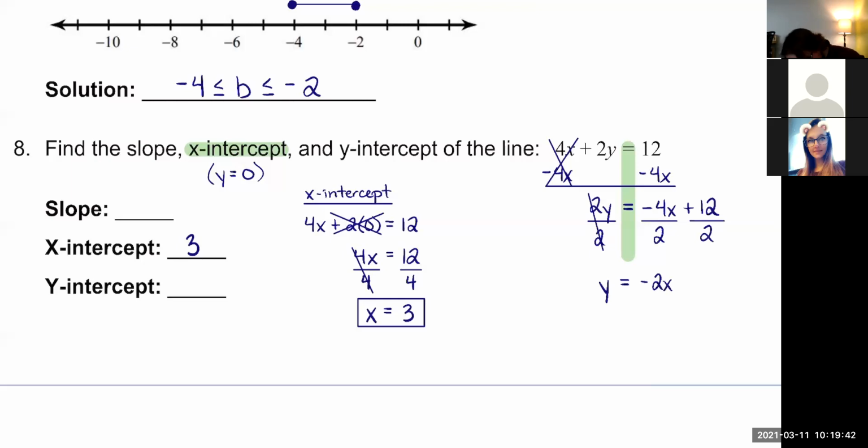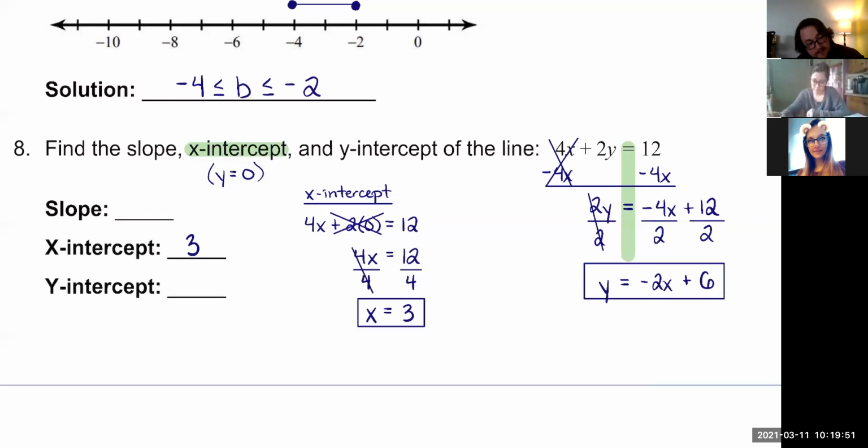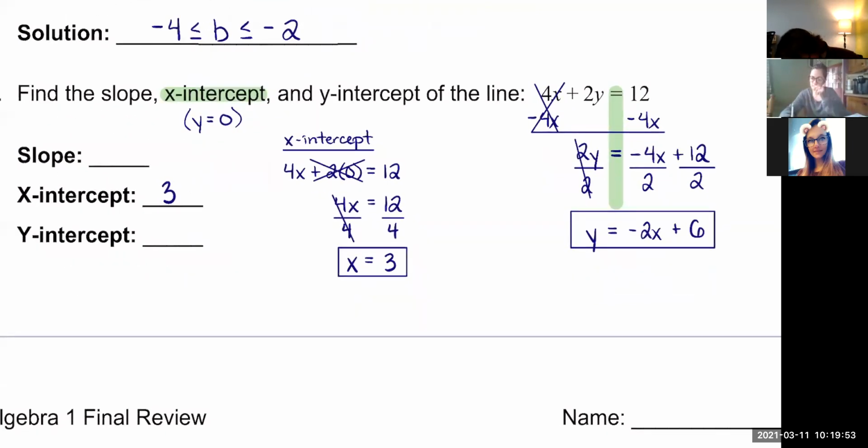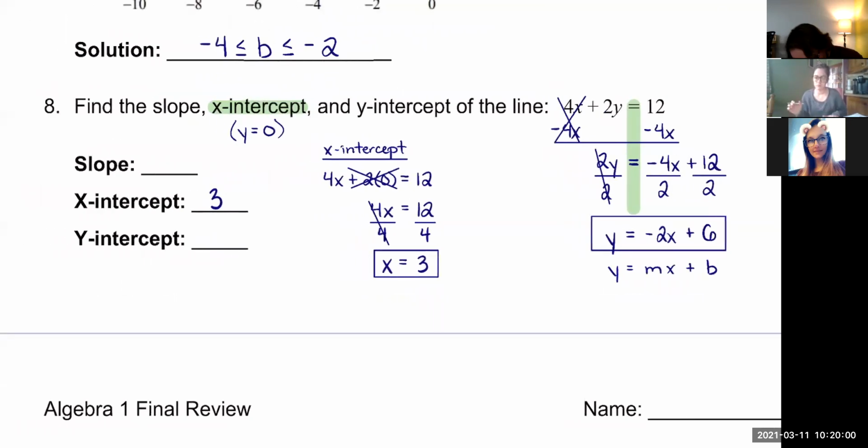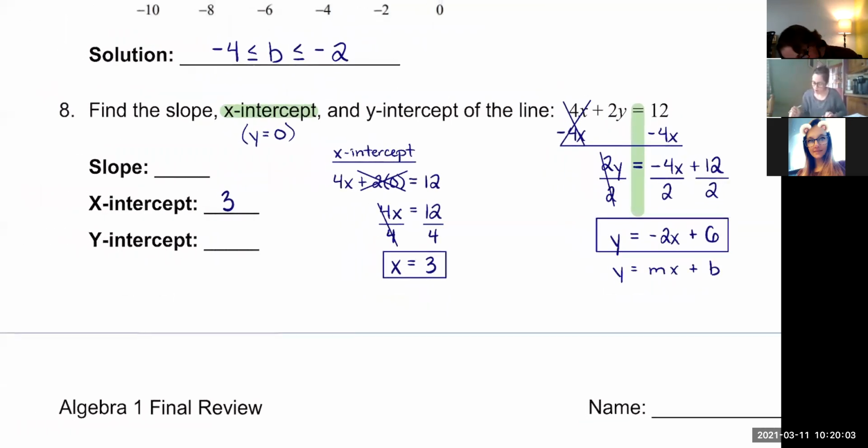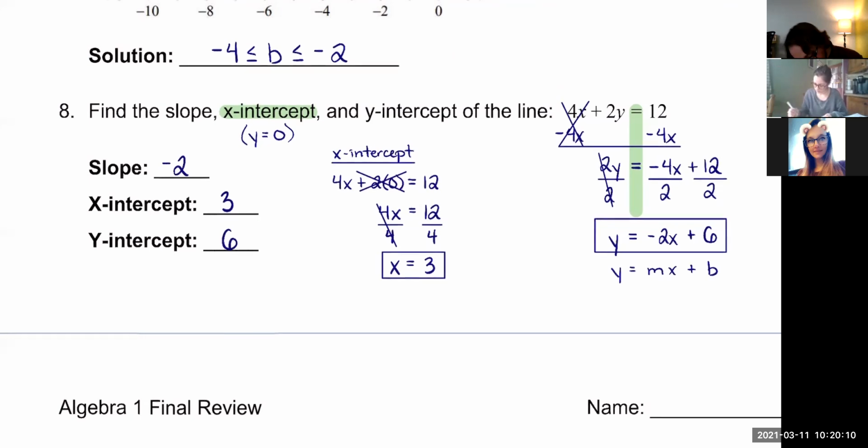And 12 divided by 2 is 6. Now, just like that, our equation we're given is now in slope-intercept form. And if you think about slope-intercept form, y equals mx plus b, what is my slope? Negative 2. And my y-intercept is positive 6. Just like that, we find all 3 pieces.